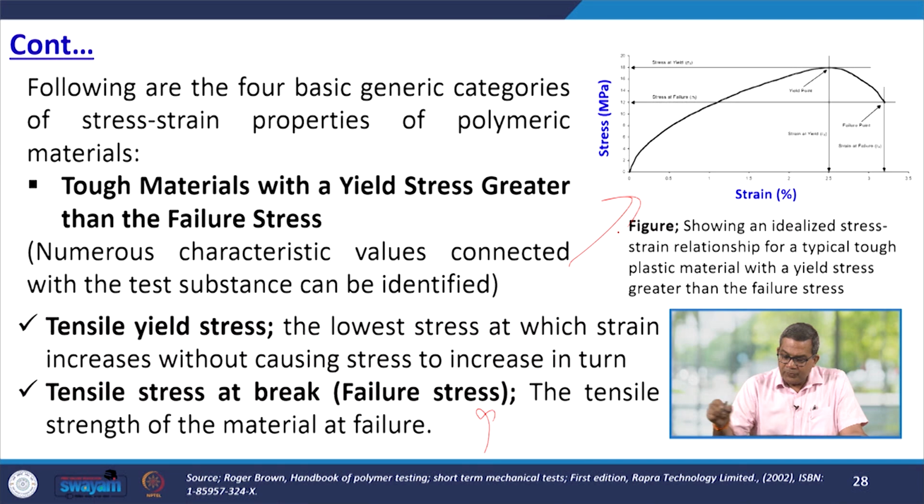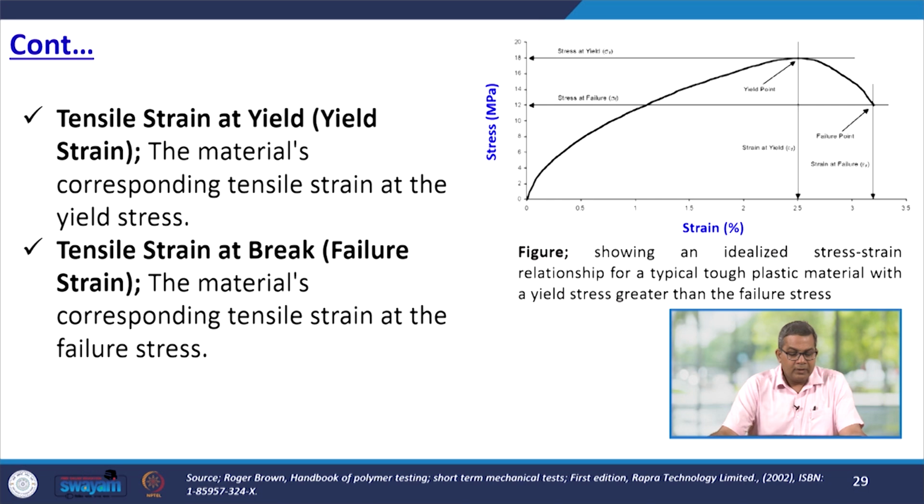This particular plot shows the idealized stress strain relationship for a typical tough plastic material with a yield stress greater than the failure stress. Another is the tensile strain at yield, that is the yield strain, the material's corresponding tensile strain at the yield stress. Then the tensile strain at break, which is the material's corresponding tensile strain at the failure stage.